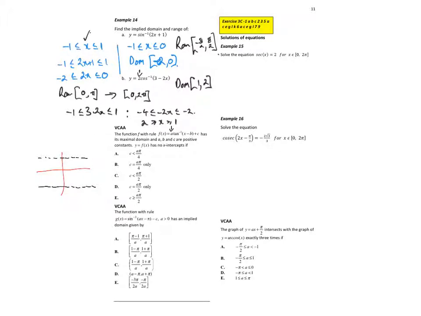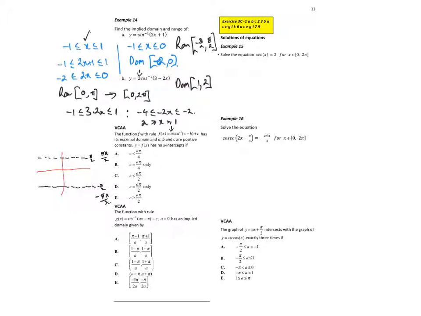So A increases the magnitude, doesn't it? So normally those points there are pi on 2 and negative pi on 2. So they're now going to become pi A on 2, negative pi A on 2.